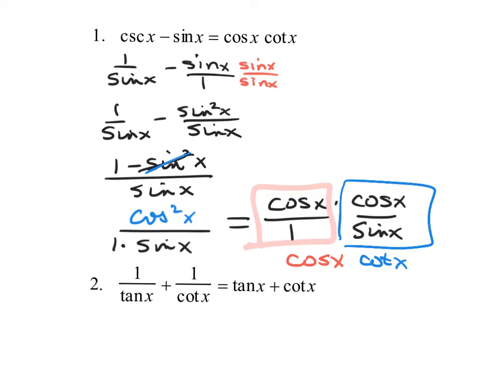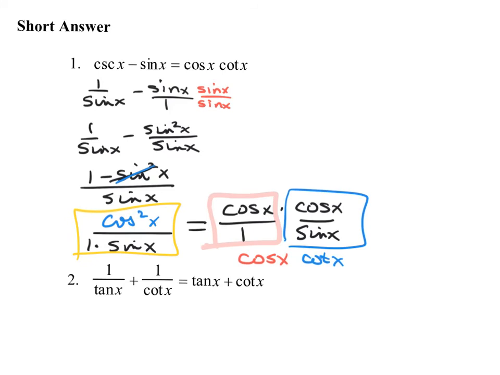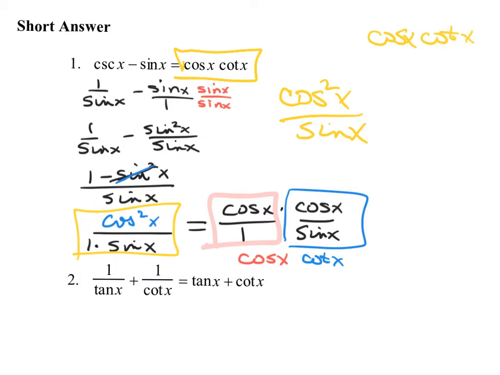Now, if pulling it apart confuses you, what you could have also done is at this point right here, you could have said, okay, I'm going to stop here at cosine squared x over sine x. Then take this, cosine x, cotangent x, and simplify that.